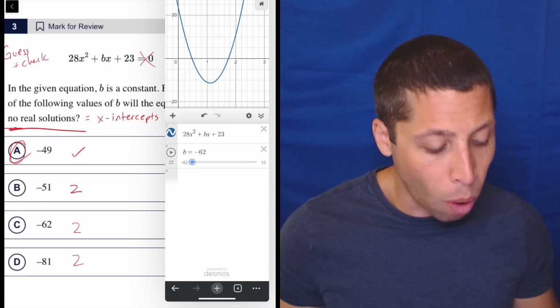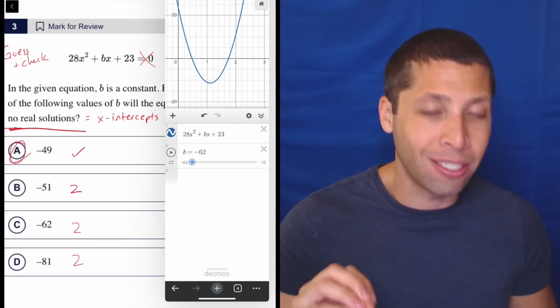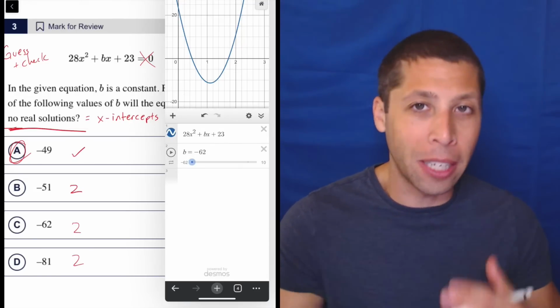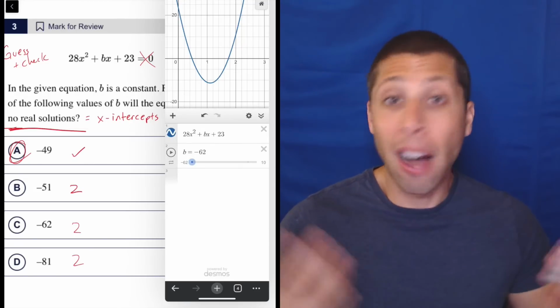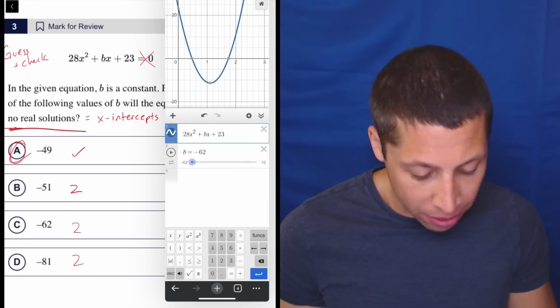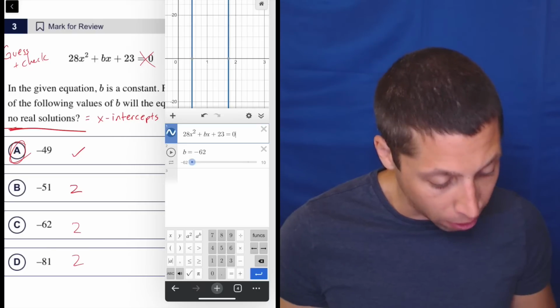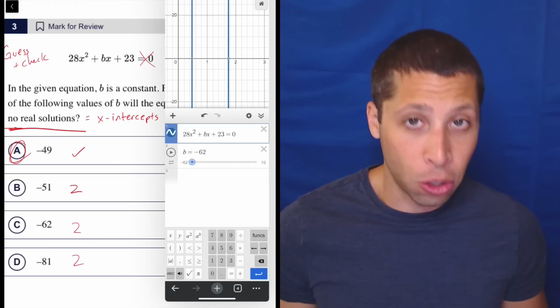But I do want to show you why we can see that A is right. If we had done it the other way, we might have been a little bit less confident in our answer. So if I add in equals 0, keeping b as negative 62, which we know is a wrong answer, notice my parabola turns into two vertical lines, right?